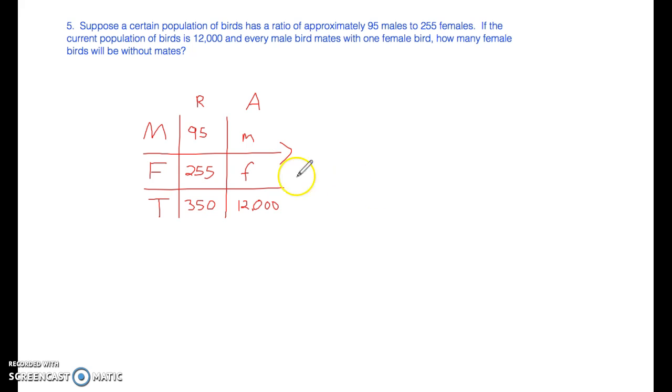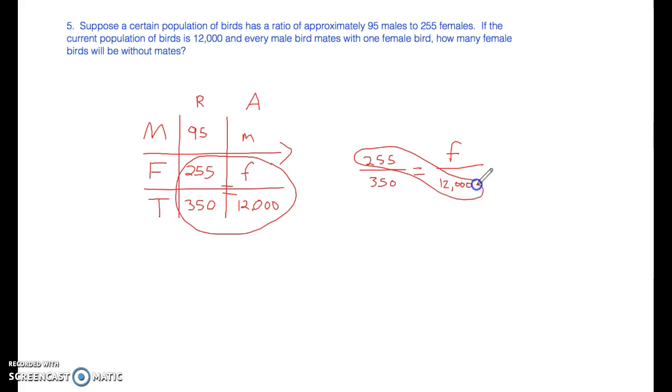So in order to solve for, let's say, F first, we would do this fraction ratio. So we would do 255 over 350 equals F over 12,000.